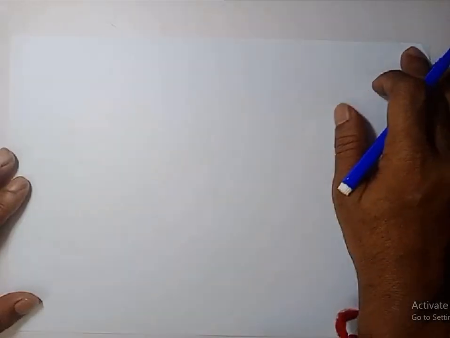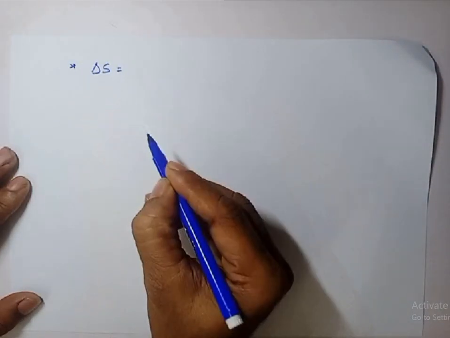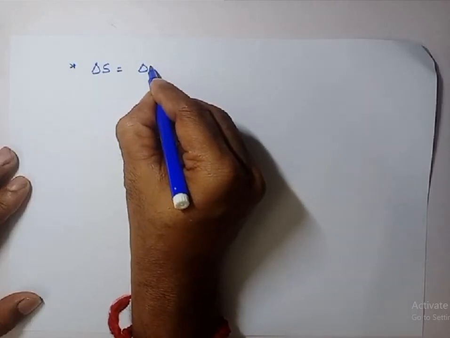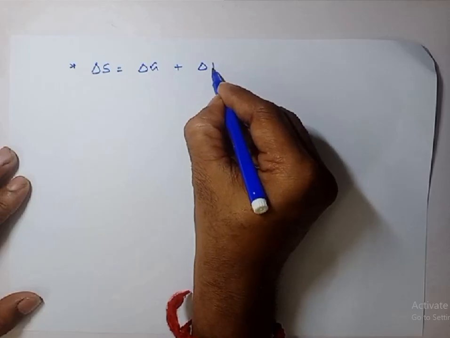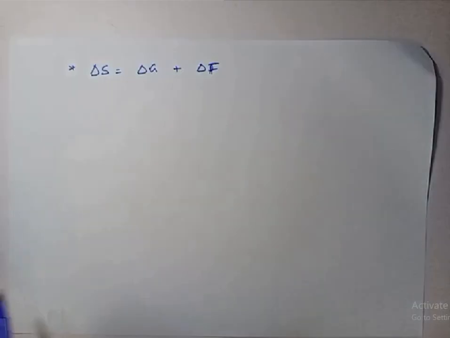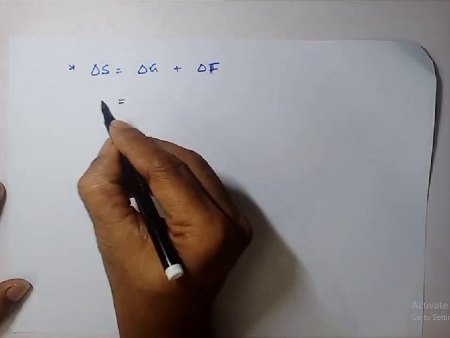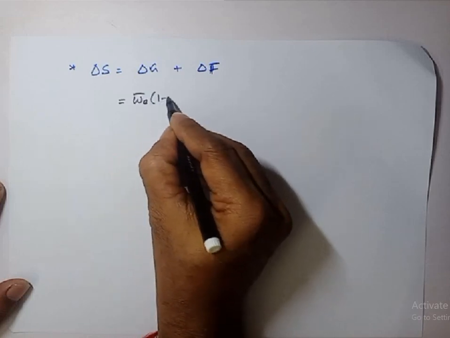Now, listen carefully. What is the energy required for the transition? That is delta S. Delta S is equal to energy required for vibrational transition plus energy required for rotational transition. For fundamental, the vibrational energy is omega e bar into 1 minus 2xe.